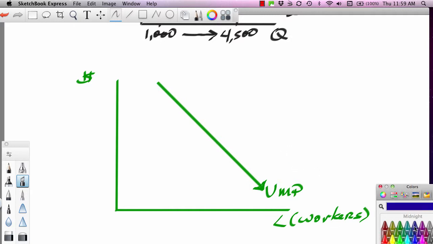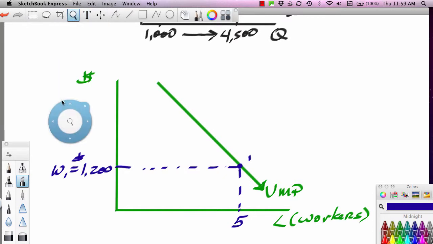Now, at a very low wage rate, say the wage rate is equal to $1,200 a month, the firm is willing to employ how many workers? 5 workers.